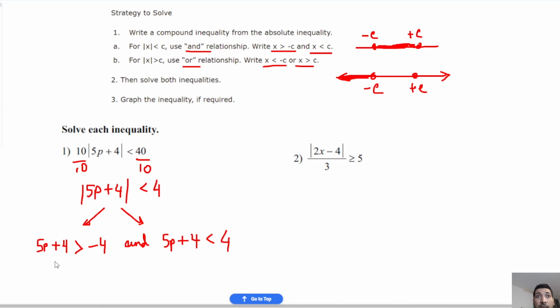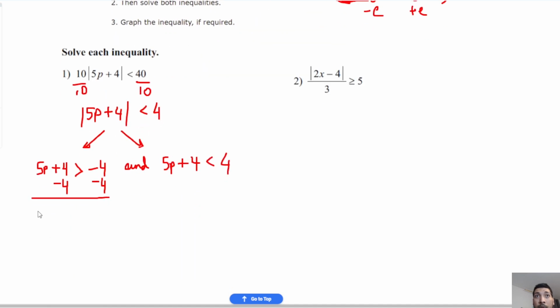To solve, we just take this 4 to the right side, we subtract 4, we have 5p greater than -8, and for this one we subtract 4, we get 5p less than 0.